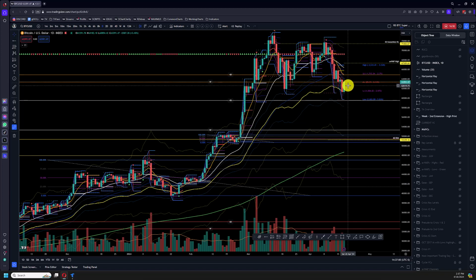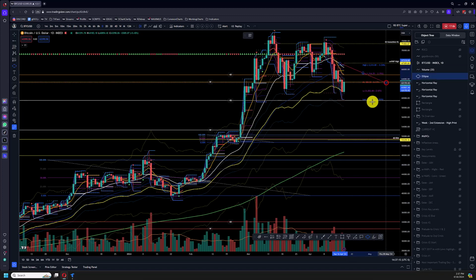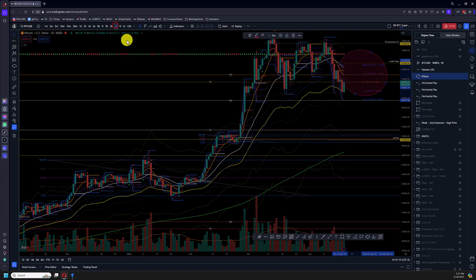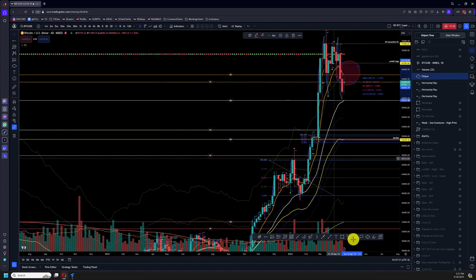But I'm sitting on my hands until the 4-day RDA is in play. Now, obviously, if it ranges in this zone here for a while, let's say 2 or 3 weeks, what's going to happen to the RDA? Well, the RDA is going to start coming up.